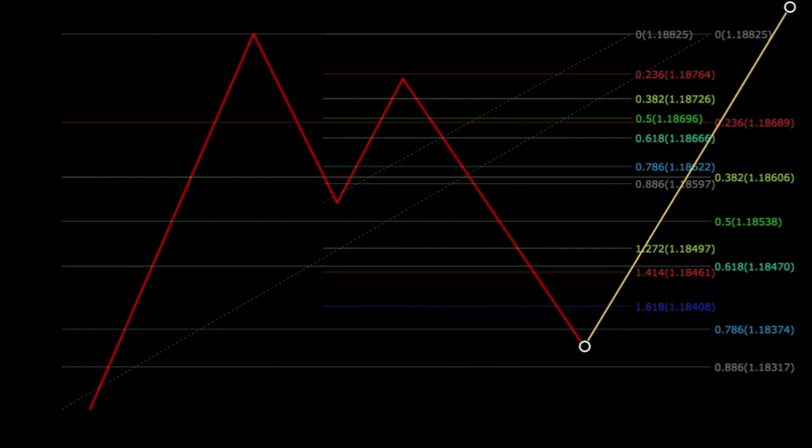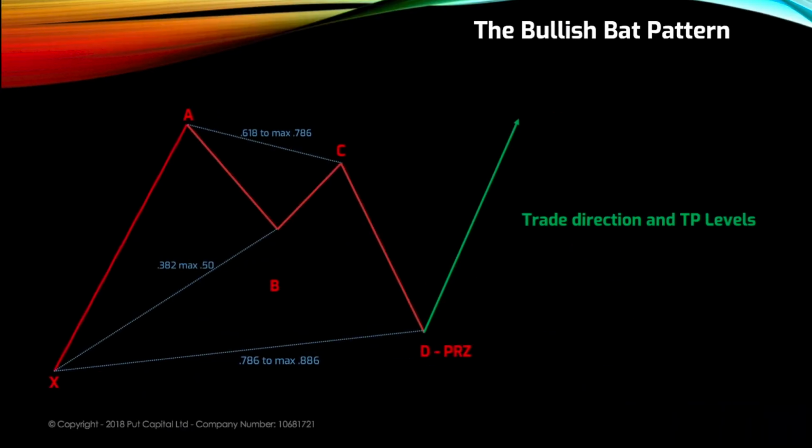However, a lot of traders say, well, actually you can do a CD completion between the 618 and the 786, but the golden standard is to have gone past that 786 but not past the 886. If you choose you don't want to do the extension, that's fine. However, it's just another added confirmation that the extension from the A to B leg has indeed breached. Okay, so that is the bullish bat.